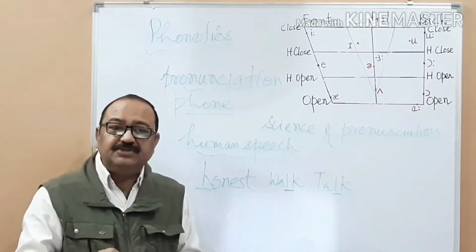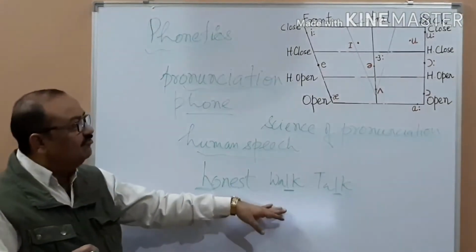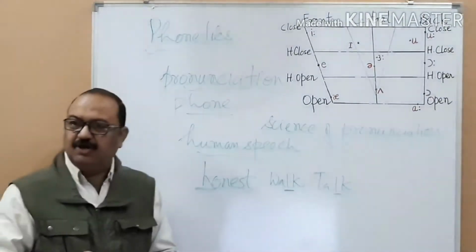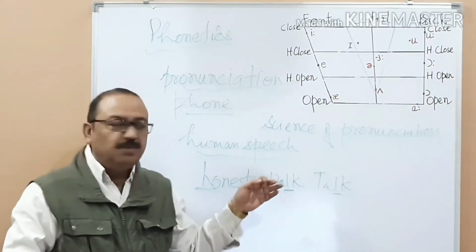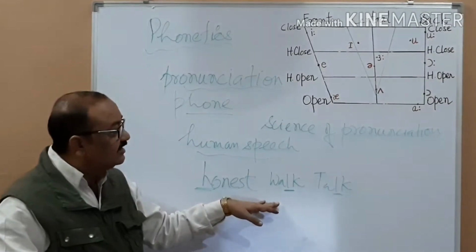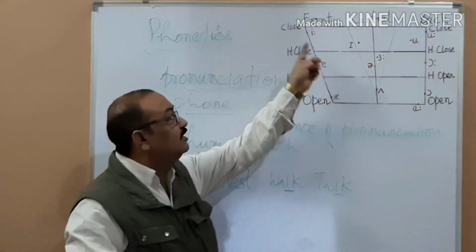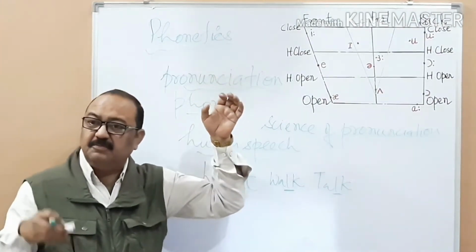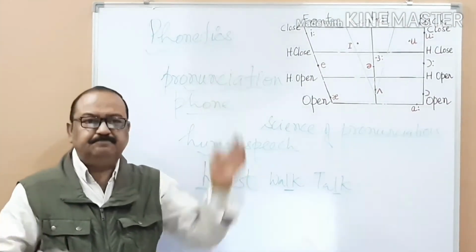So that is why it is very baffling for second learners of the English language. Why? Because some letters are silent, and some letters of the English alphabet have different sounds.